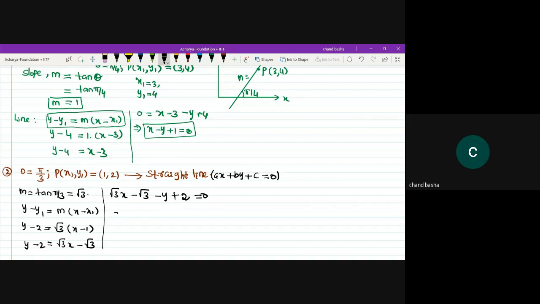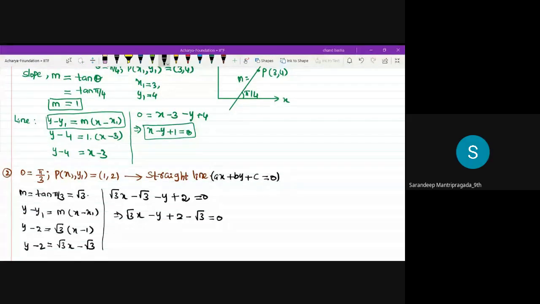First we write the x terms, root 3 times x. Next the y terms. Next the constants, 2 minus root 3, is equal to 0. Is that the answer? Yes, Randeep. Can't we write root 3 in decimal form? No, you can keep it as it is. It is not necessary to write in decimal fractions. You can keep it as it is.